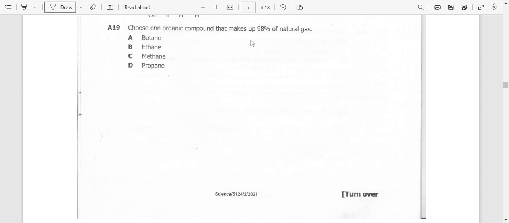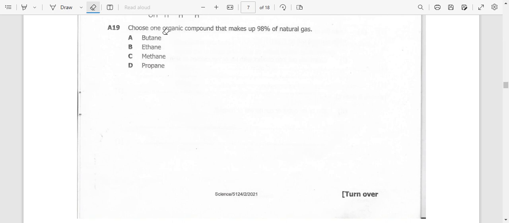Choose one organic compound that makes up 98% of natural gas. Which one do you think makes up 98% of natural gas? You know natural gas. Okay.